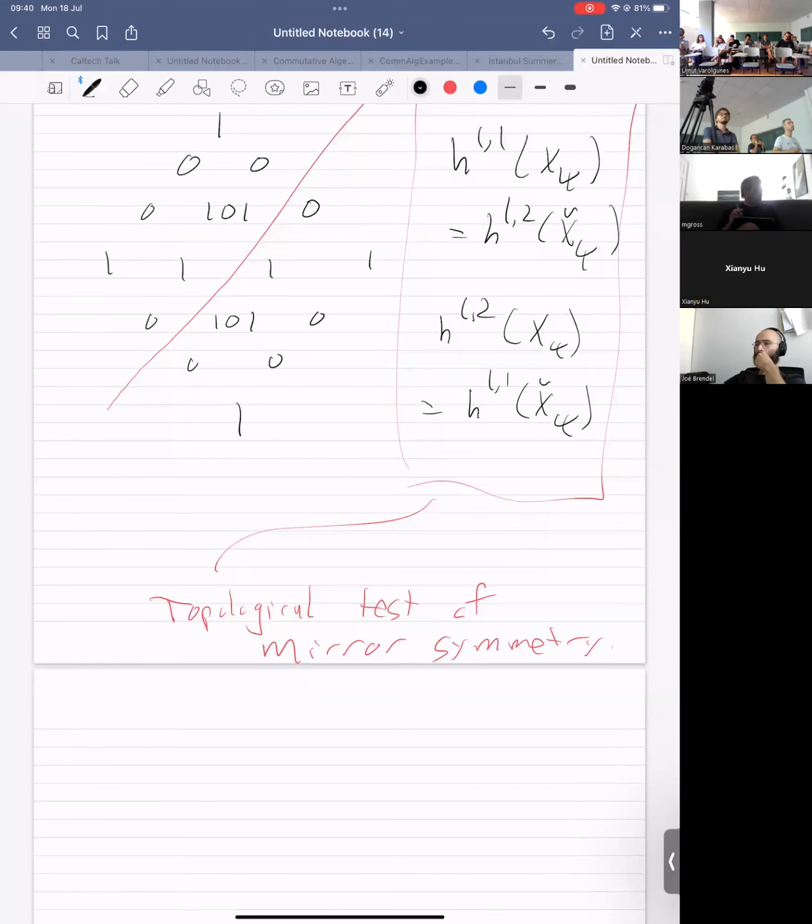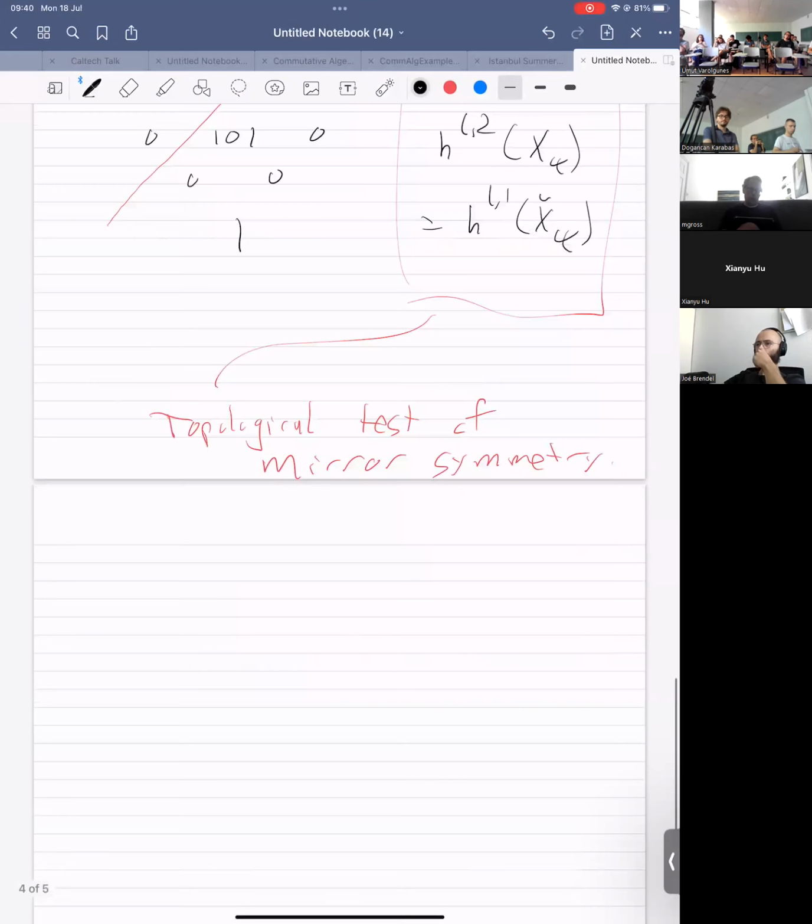Okay, so the crucial thing here that got the subject started was work of Candelas, de la Ossa, Green, notice this is a different Green because there's no E on the end, Green and Parkes.